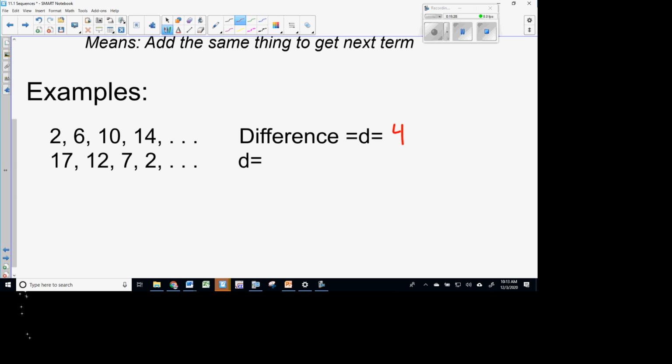That's our difference. If I have 17, 12, 7, and 2, it's going to be -5. Our formulas are always based on what you add to get the next term. So yes, you can think, well, I just subtract 5 to get the next term. Does that work? Yeah, that gets you the next term, but in the formula we're going to look at here, it's always what you add to get the next term.